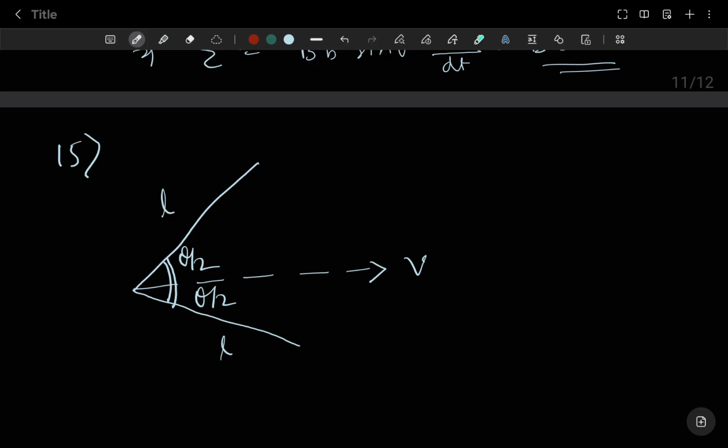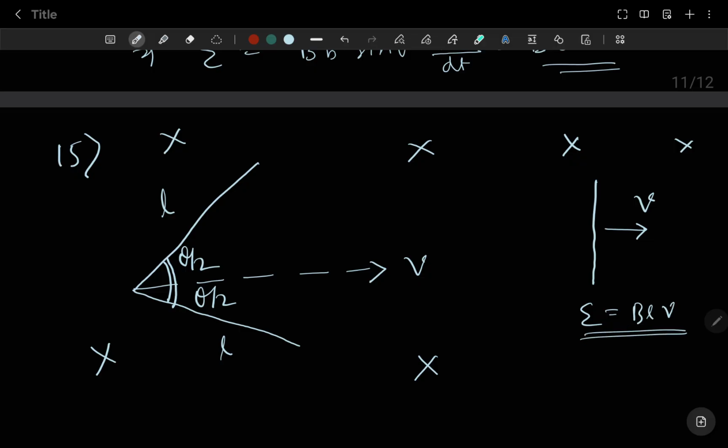In the conventional case, the magnetic field is like this. In the conventional case, what you have studied, in this type of magnetic field, a conducting rod is moving like this with velocity v. So epsilon becomes BLV. The magnetic field is perpendicular to the plane here and here also, so nothing to worry about the magnetic field.